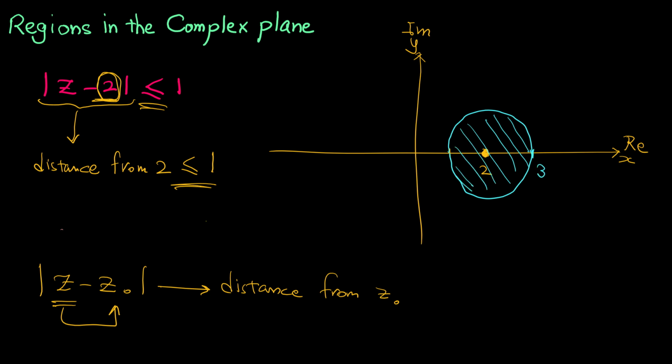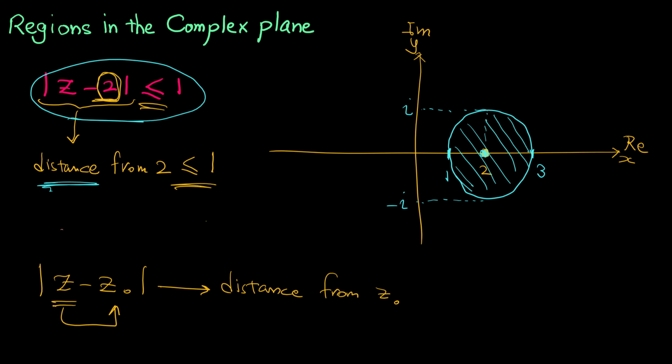So here is 3, here is 1, and this is also 1, or you can say 1i because we are on the imaginary axis. So here we can say it's i, or 1i, and here is negative i. So this equation shows all the points inside or on this circle. Remember, we are looking for points whose distance from 2 is less than or equal to 1.